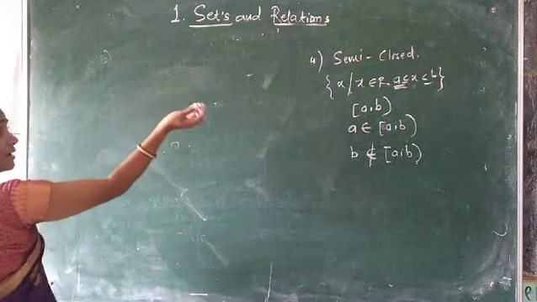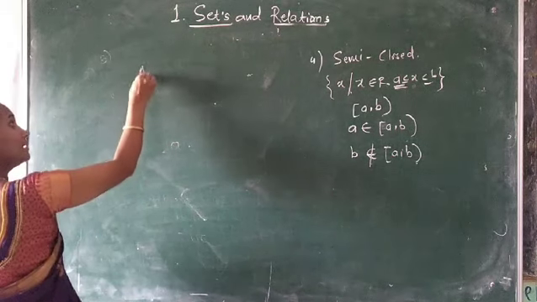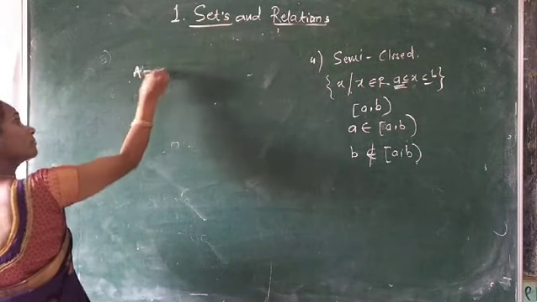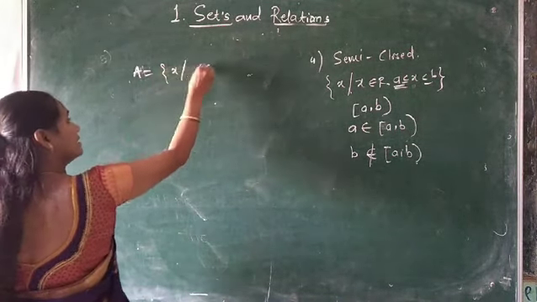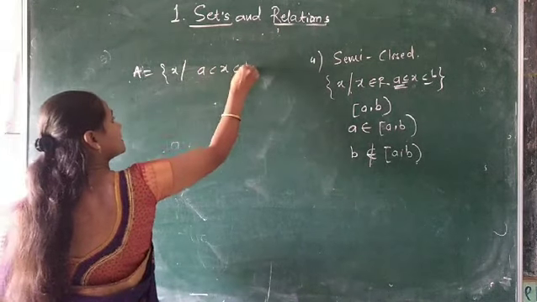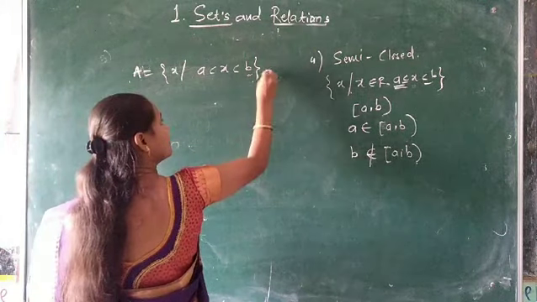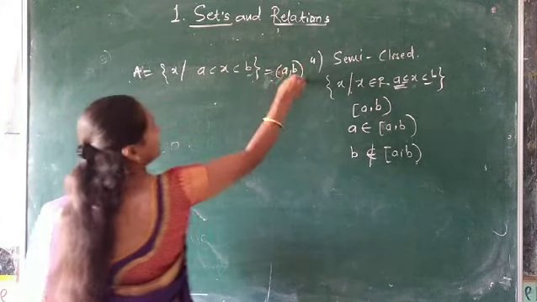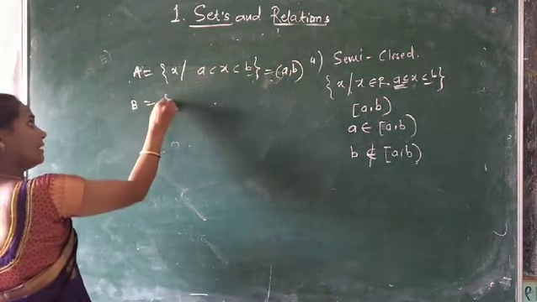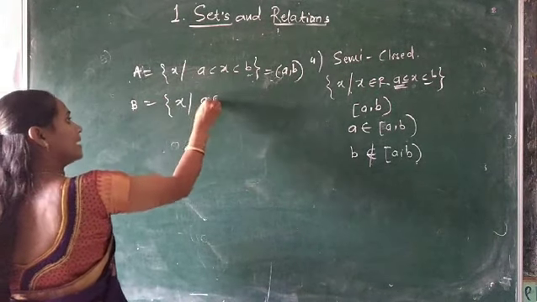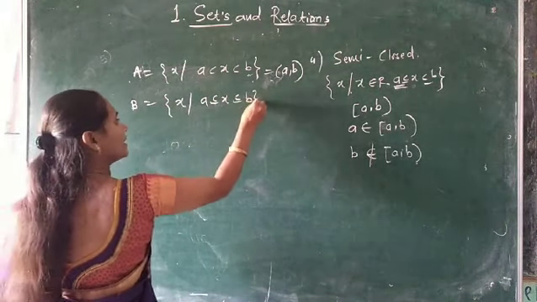What is meant by the first, open interval, and how to write it? x such that a less than x less than b, that is called an open interval. It is open (a, b). Next, x such that a less than or equal to x less than or equal to b.